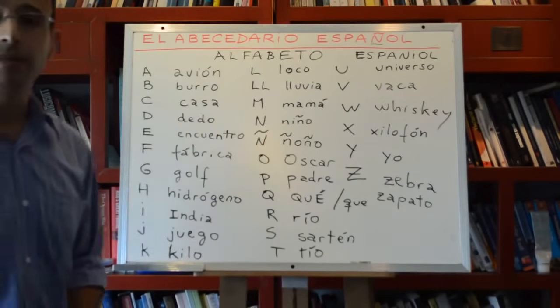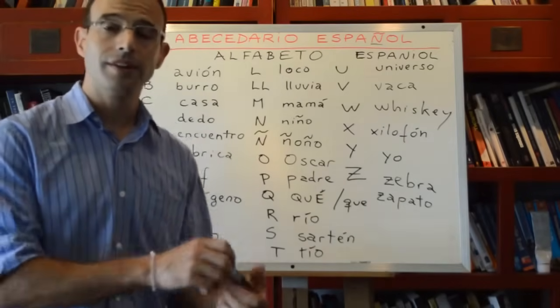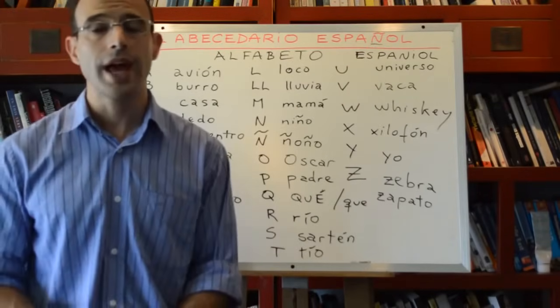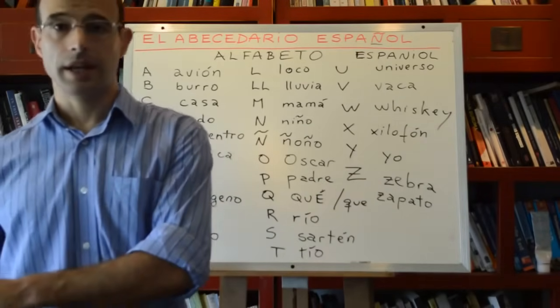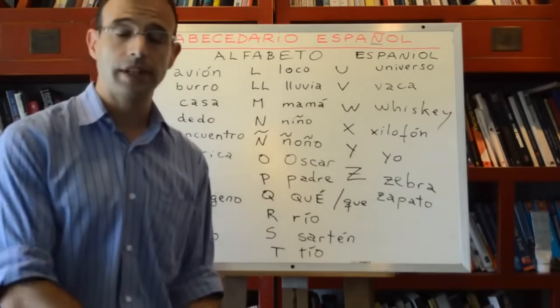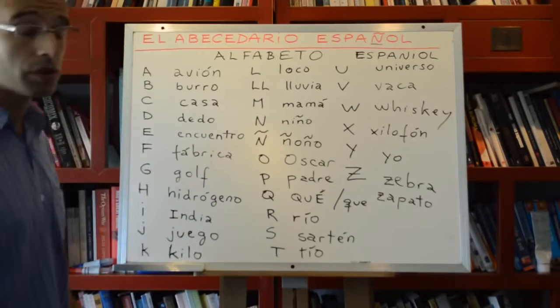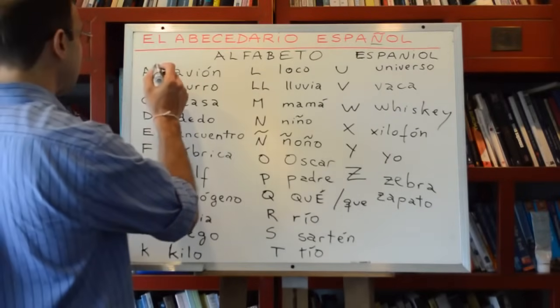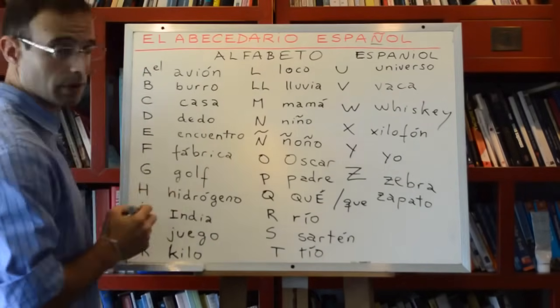And this time, I will give you the article of each one of these nouns, because in Spanish, we have masculine nouns and feminine nouns. And now I will give you a hint how to determine whether it is masculine or feminine. This is el avión, masculine.